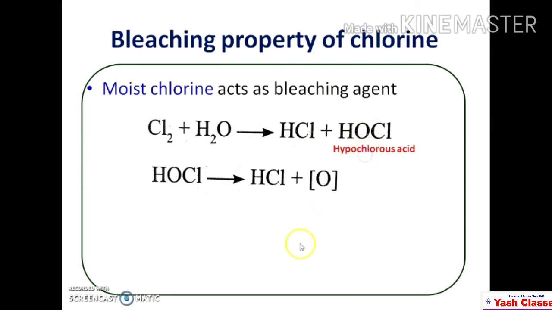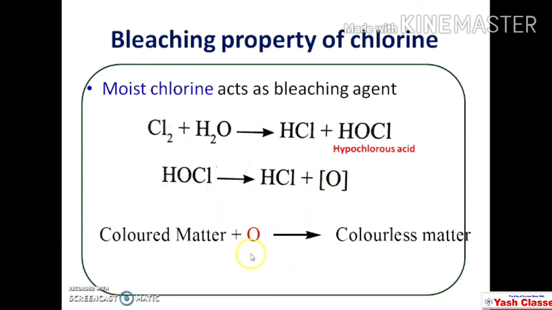This hypochlorous acid decomposes and there is a formation of nascent oxygen, and this nascent oxygen is responsible for decolorization of colored matter. So colored matter, when it comes in contact with nascent oxygen, becomes colorless matter. In this way chlorine acts as a bleaching agent.